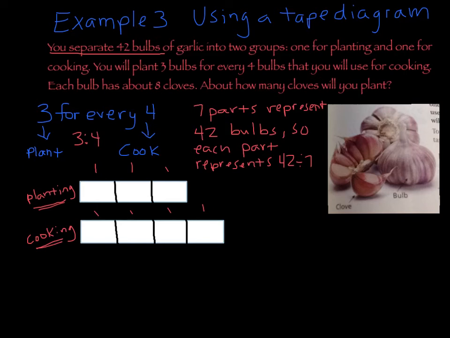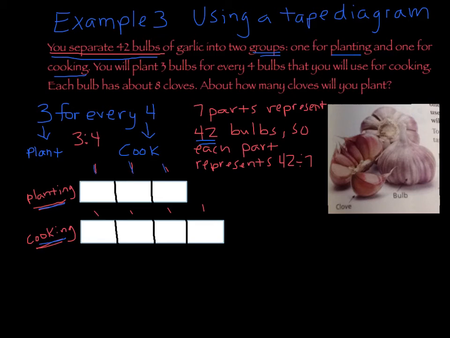Just in case I lose anybody, let me tell you where I'm getting this information. I've got my 42 bulbs because I separated them into 42 bulbs. There are 2 separate groupings: one is planting, and the other is cooking.